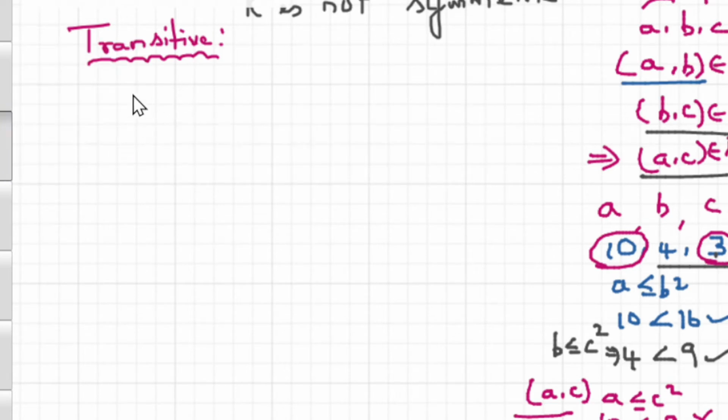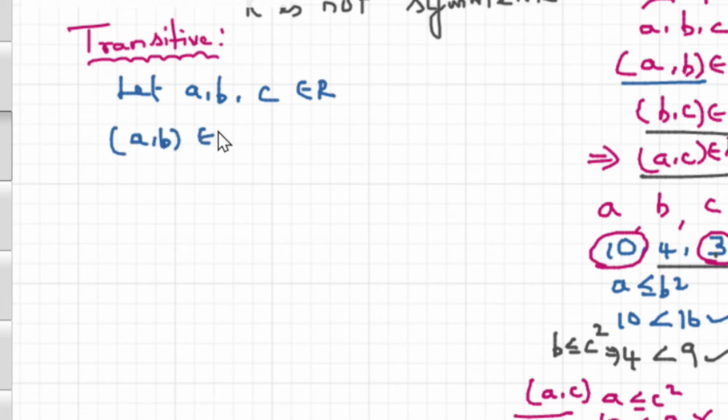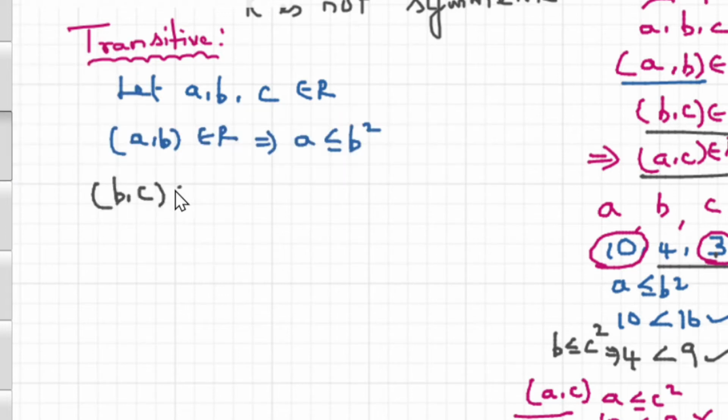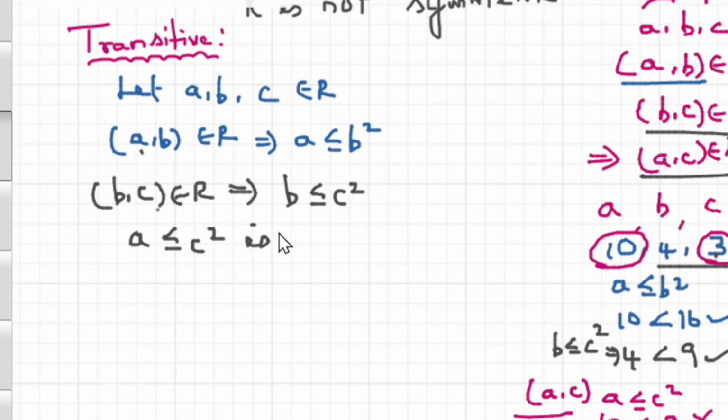So now we'll have this one, A, B, C. Let (A, B) and (B, C) belong to R. Consider the ordered pair (A, B) which belongs to R, that is, A is less than or equal to B square, and the next one (B, C) belongs to R, that is, B is less than or equal to C square, and we want to take this A and C. In this it is clear that A less than or equal to C square is actually false.